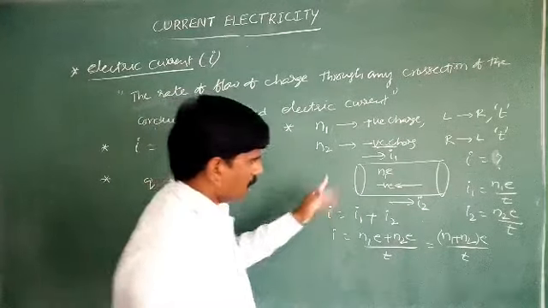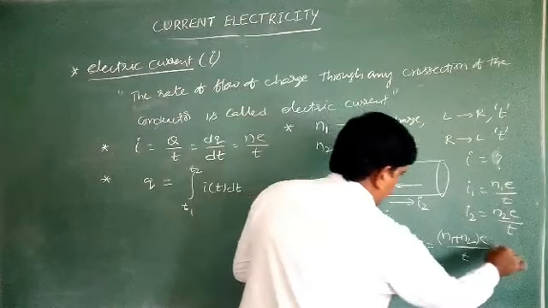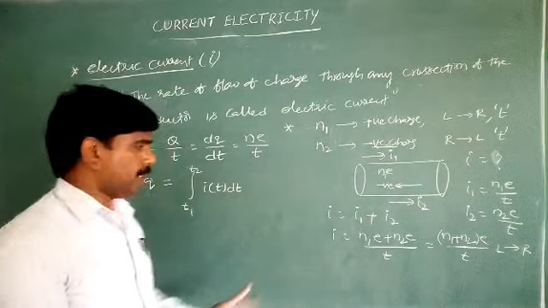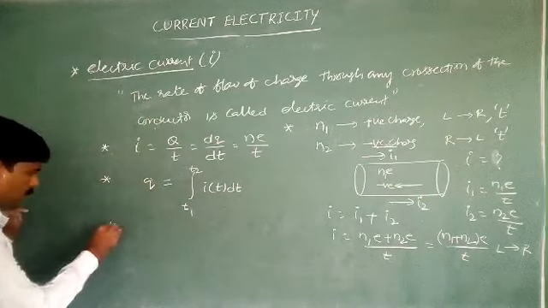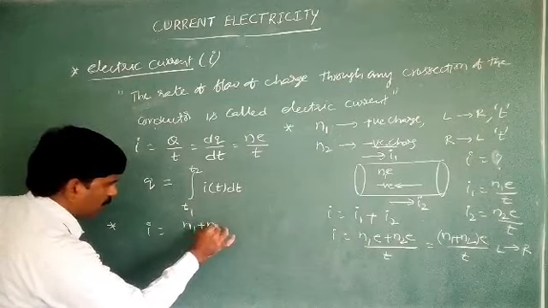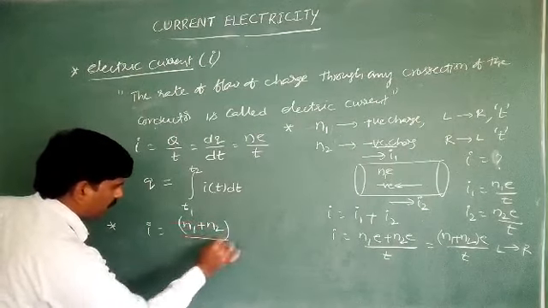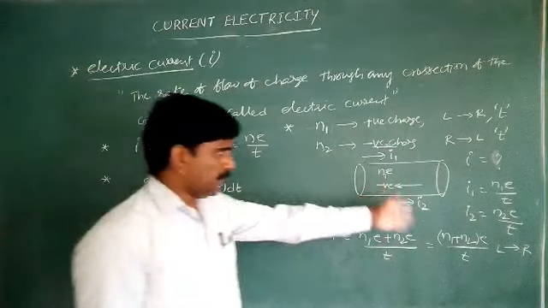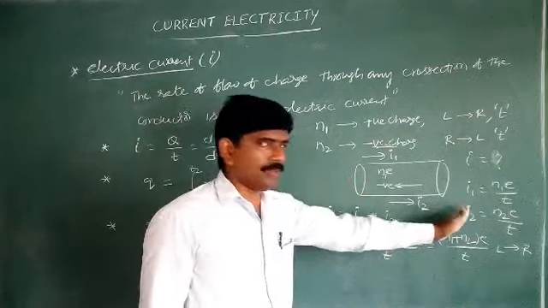Its direction is from left to the right. So in the discharge tube, the current I is equal to (N1 plus N2) whole by T into E. Here we are taking the direction of the current like this.